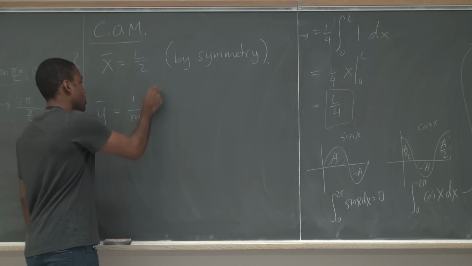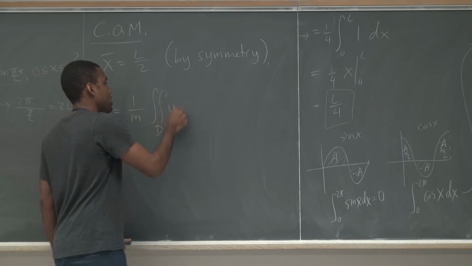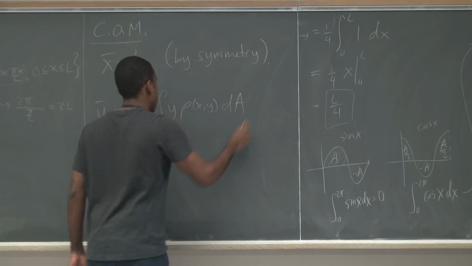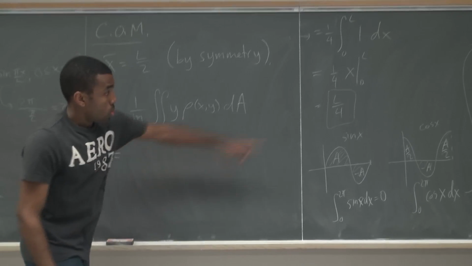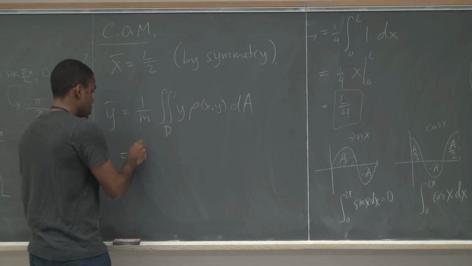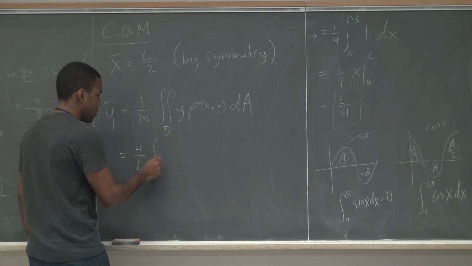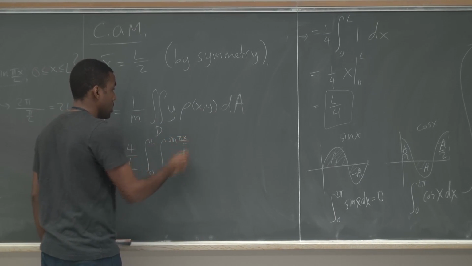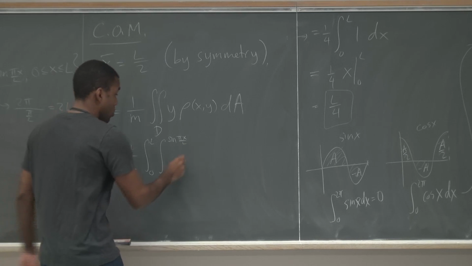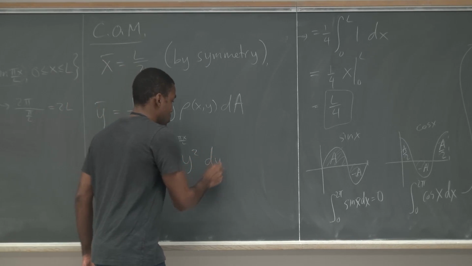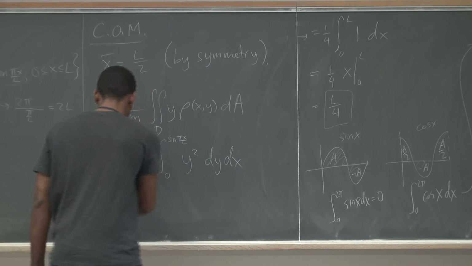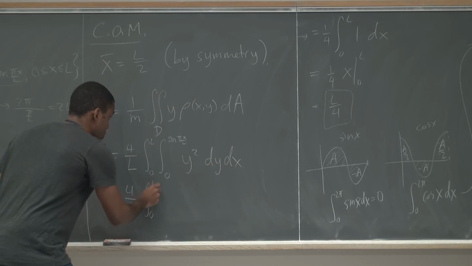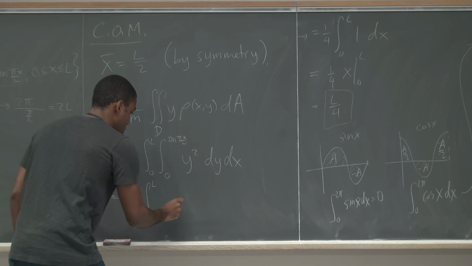This guy is 1 over m times the double integral of y times rho. So our m was L over 4, so this is 4 over L times the integral from 0 to L of the integral from 0 to sine pi x over L of y squared dy dx. So we're going to integrate this.